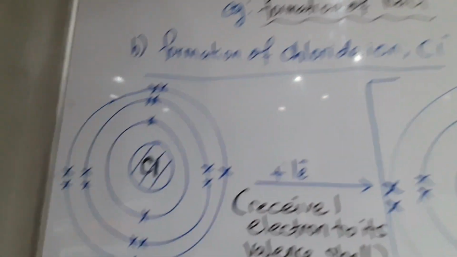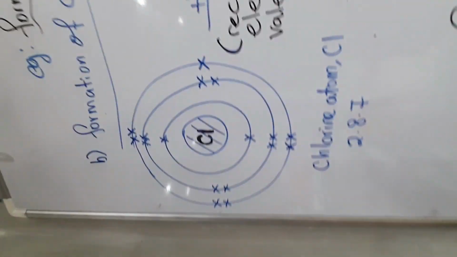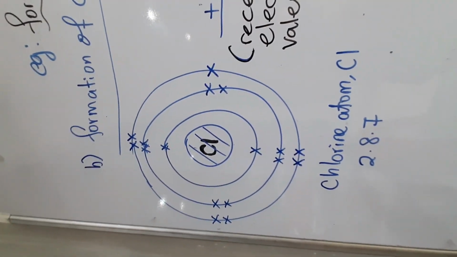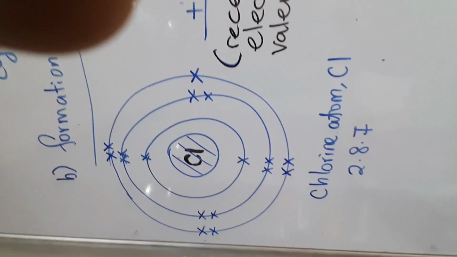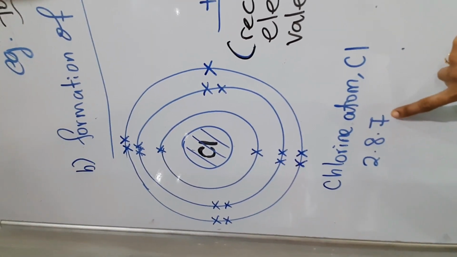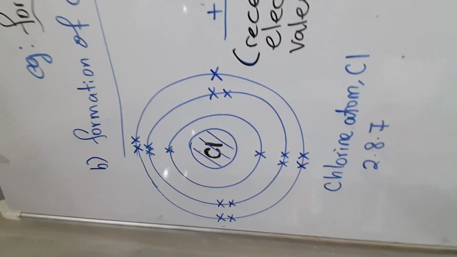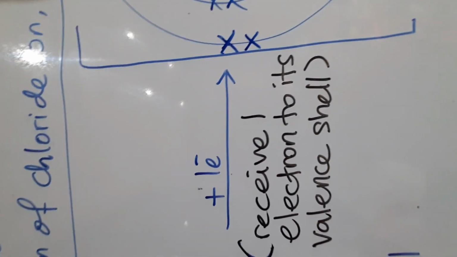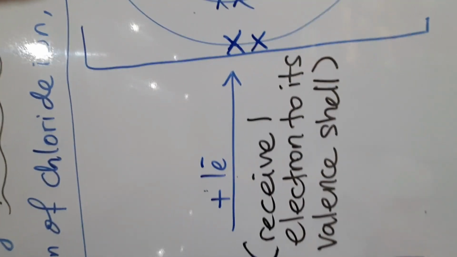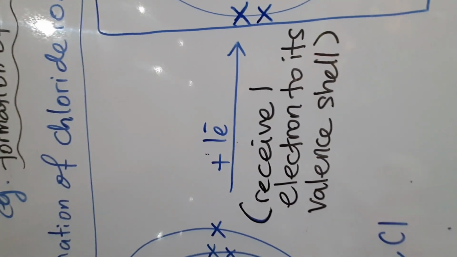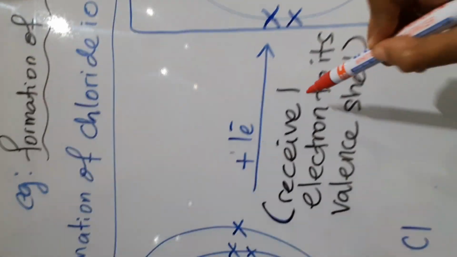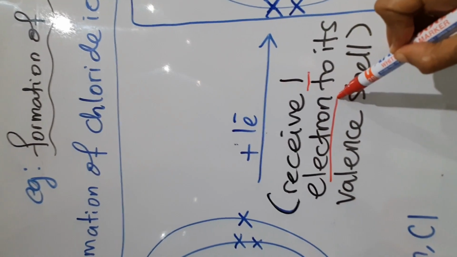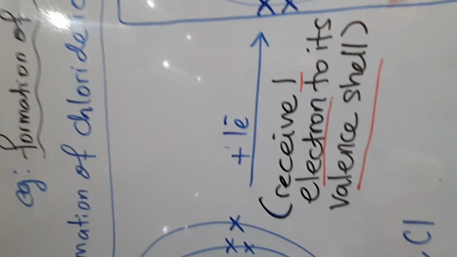Now let's look at chlorine atom. The electron arrangement of chlorine atom is 2,8,7. Now to achieve a stable octet electron arrangement, chlorine atom will receive one electron to its valence shell. Now over here I want you to be careful. Look at the usage: one electron and to its valence shell.